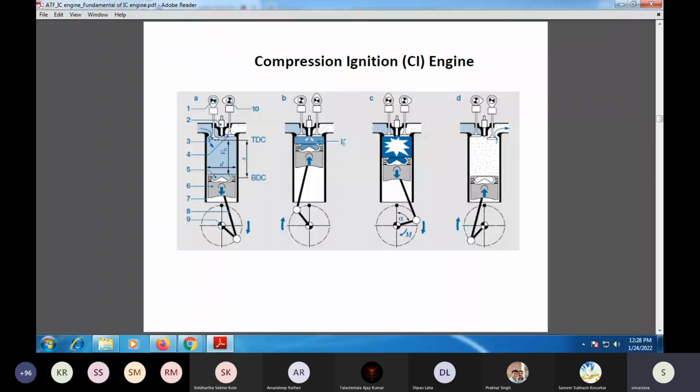So the biggest job, one of the most important criteria when designing a diesel engine, is how to improve the air fuel mixture homogeneity, so that we can have better combustion and better drivability also.